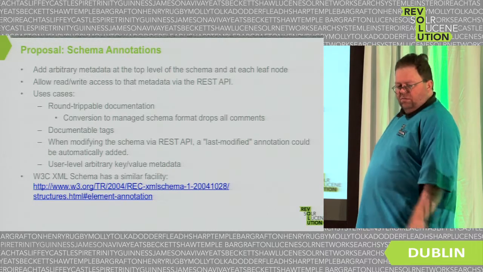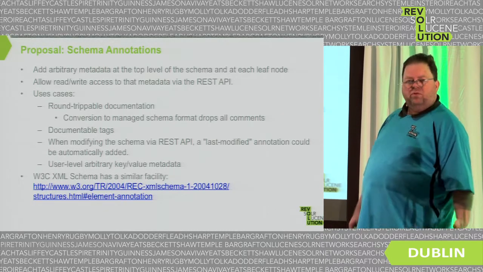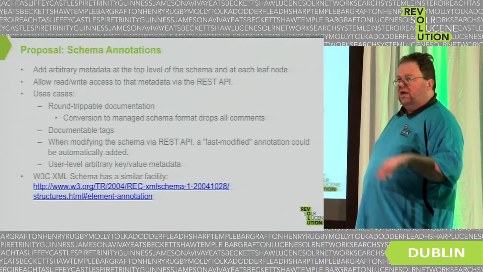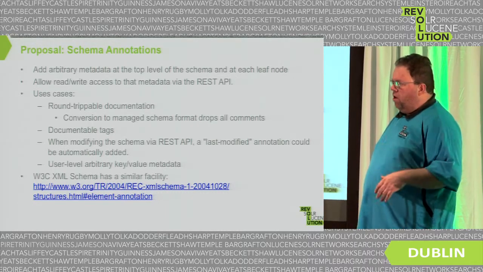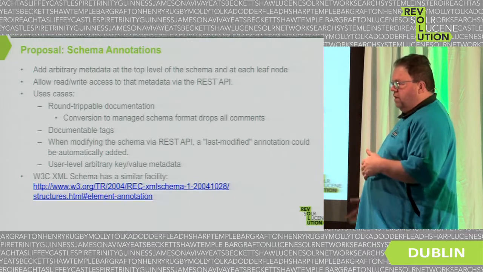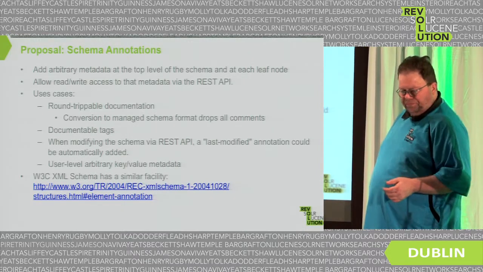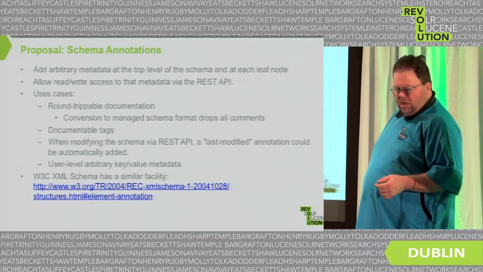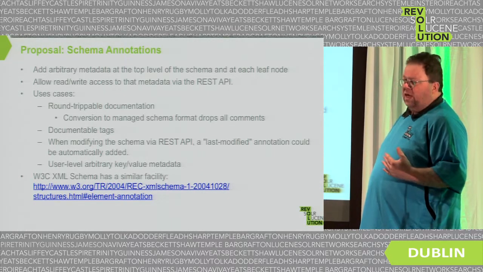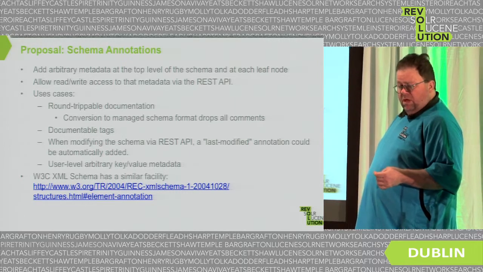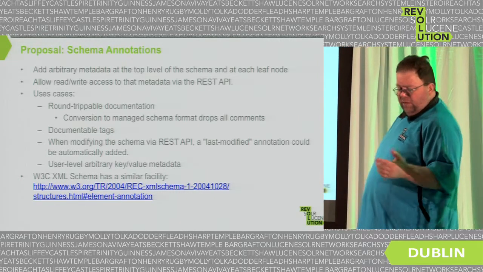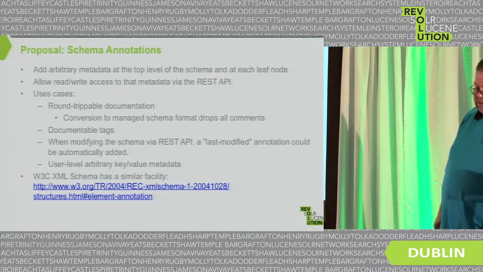Such a feature, schema annotations, would allow for people to put in arbitrary metadata that would be maintained and wouldn't be lost on rewriting the schema by the system under managed schema mode. The W3C XML schema has a similar facility, and I give a link there to that facility.